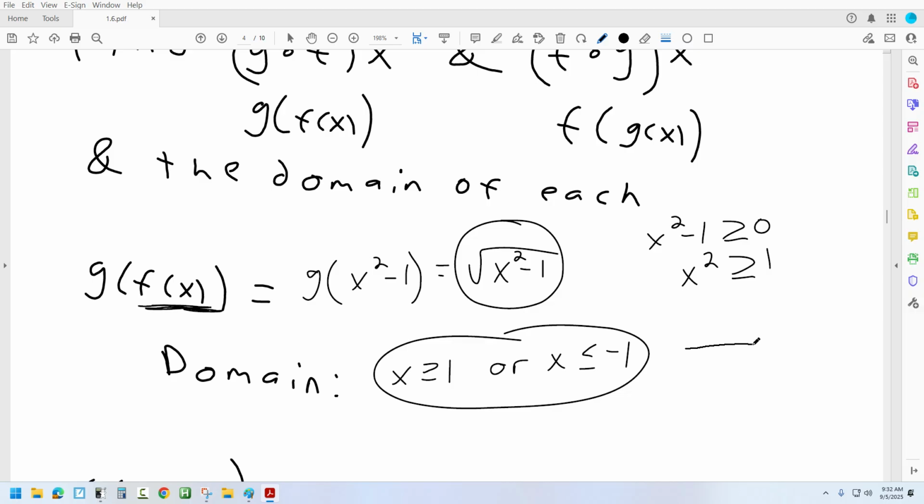Think of it on a number line. Here's 0, 1, negative 1. You can pick anything in this zone, and if you square it, it'll come out bigger than 1, or anything over here. You just can't pick anything between -1 and 1. If you square that, it'll come out less than 1.